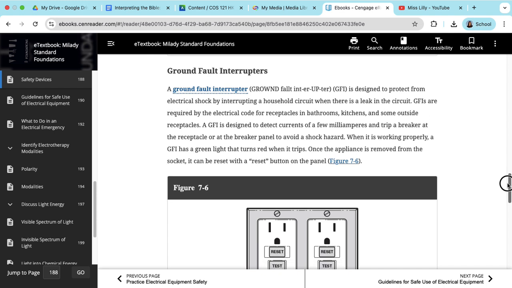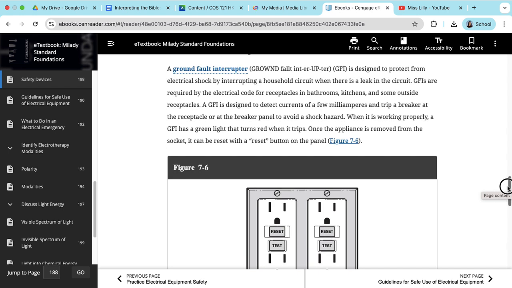Ground fault interrupter. I don't know if you have seen on your wall in the bathrooms and in the kitchens this type of interrupter that has a reset and a test button in the middle. Usually they're put where there's water, kitchens and bathrooms.